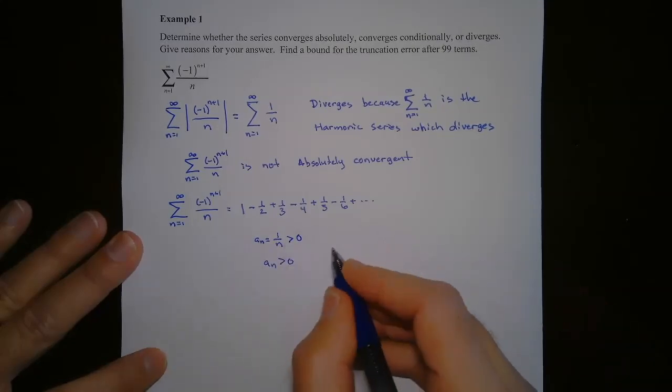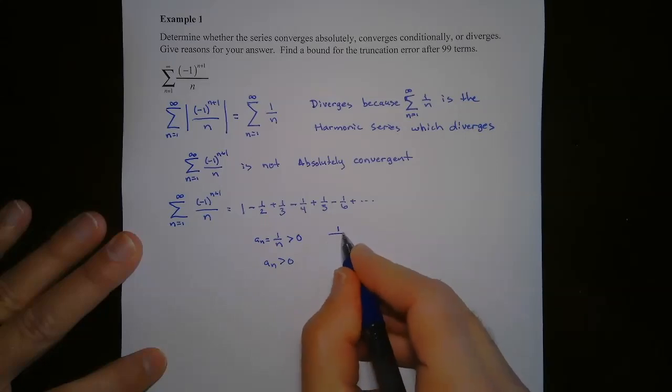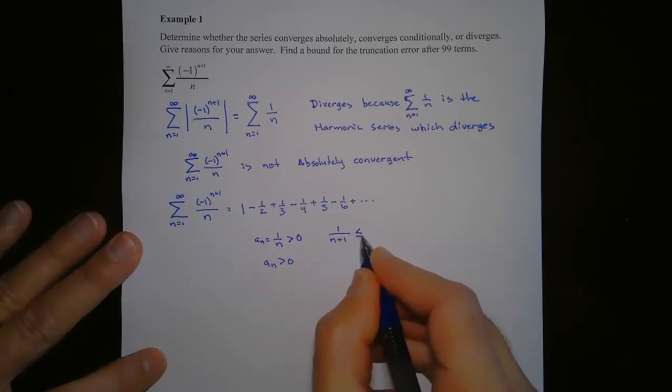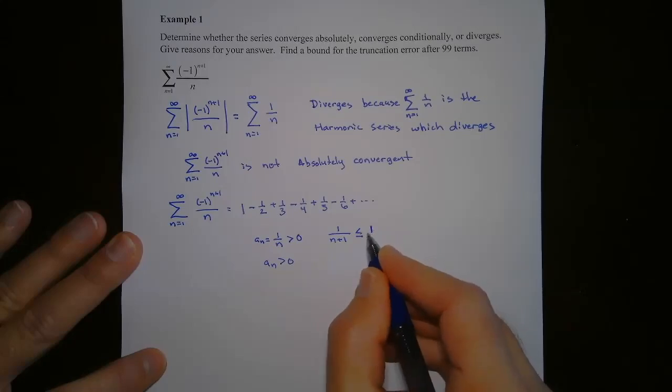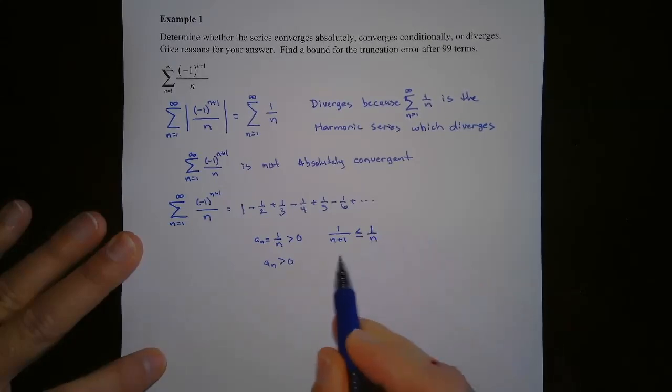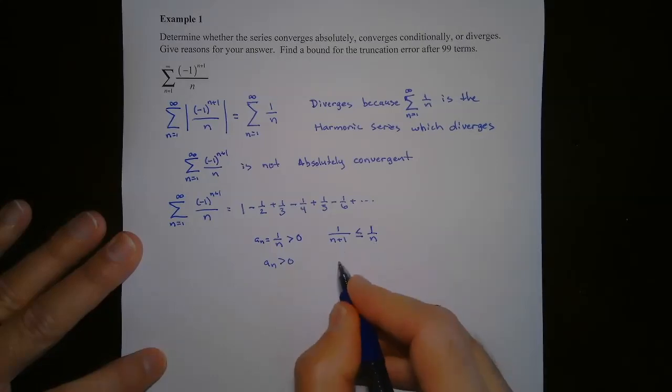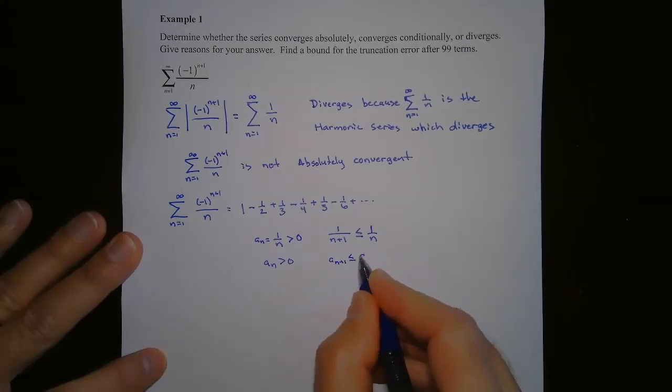Then we have to show that 1 over n plus 1 has to be less than or equal to the a sub n term, 1 over n. Well, yes, this is going to be smaller because this denominator is bigger than this denominator. So now we've established that a sub n plus 1 is less than or equal to a sub n.